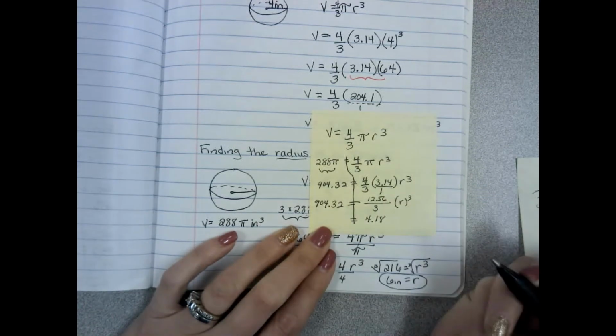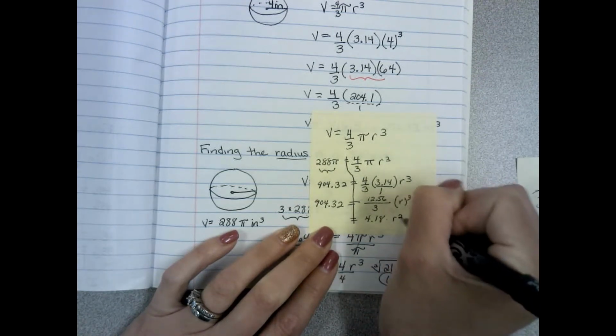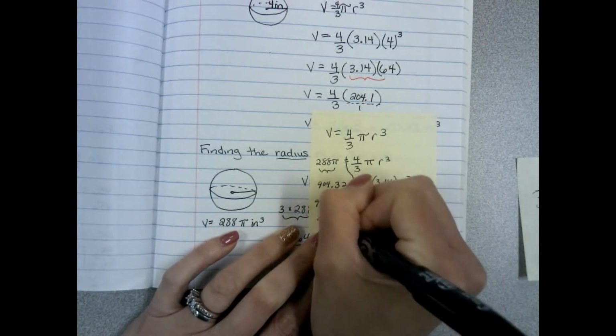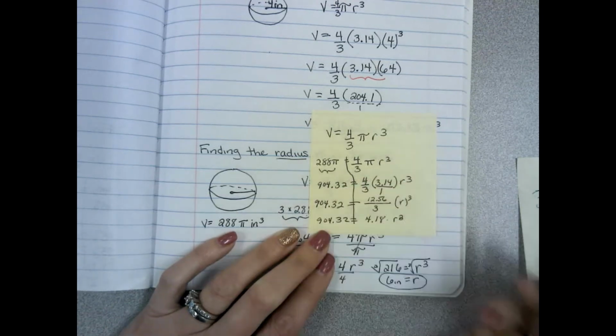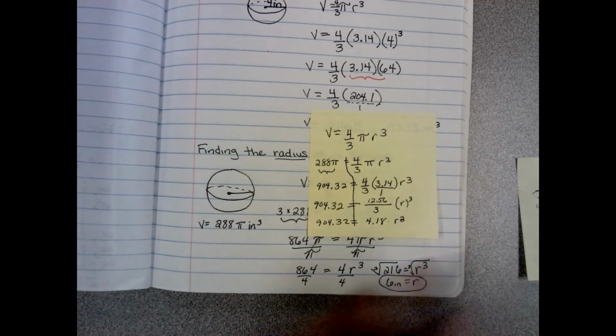And it's actually 4.1866666 repeated. So you can see that putting pi into the equation makes it a little bit messier because we have a lot of repeating decimals. So the fact that we're not rounding is going to make our answer a little bit different. That's why it's easier to just leave pi in the equation until the end.